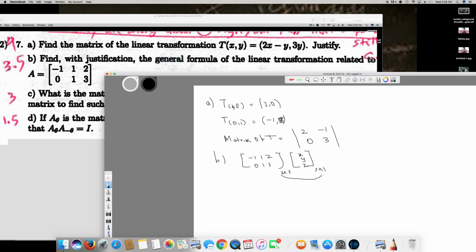So we will end up with a 2 by 1 result. The first row first column is negative x plus y plus 2z. This is my first row first column, and we only have one column, so only two steps. The second is second row first column: 0 times x is 0, 1 times y is y, and 3 times z is 3z.